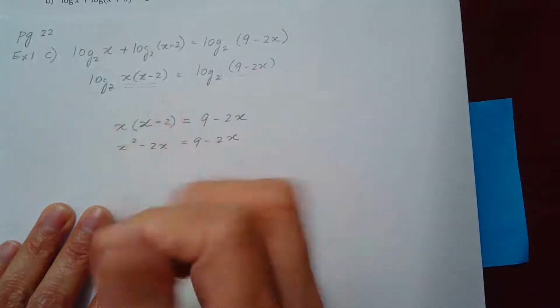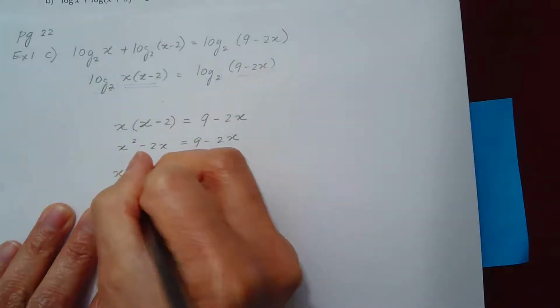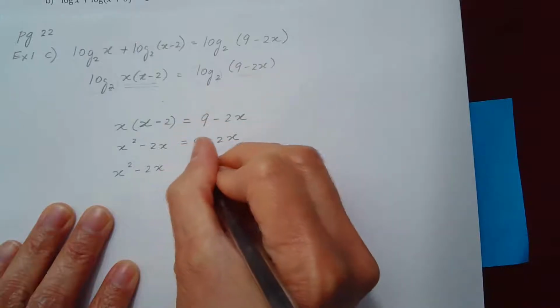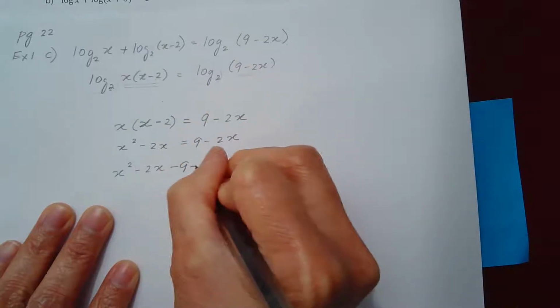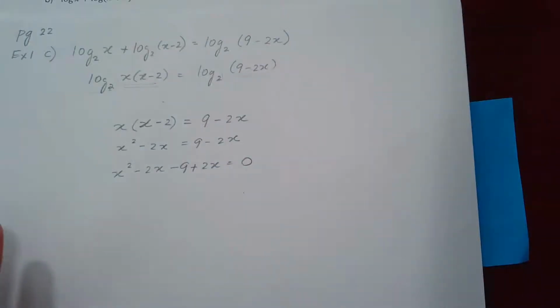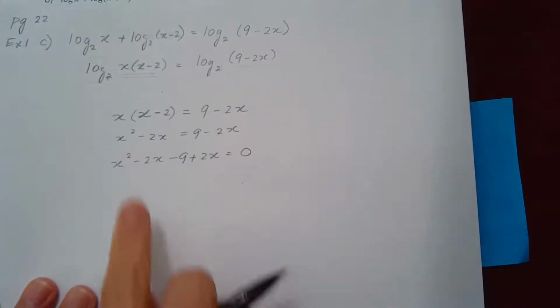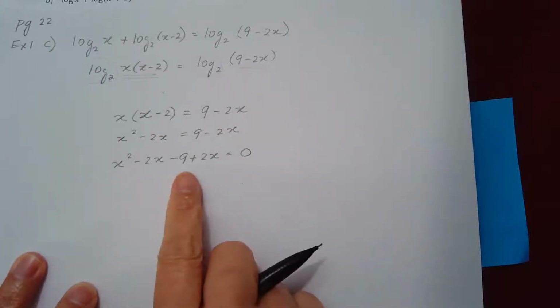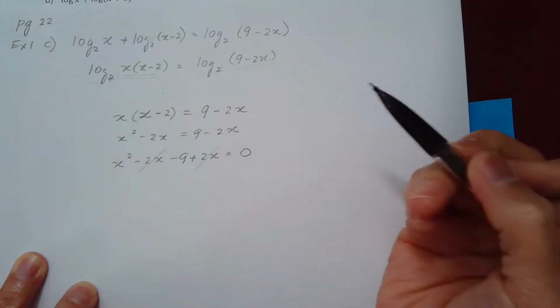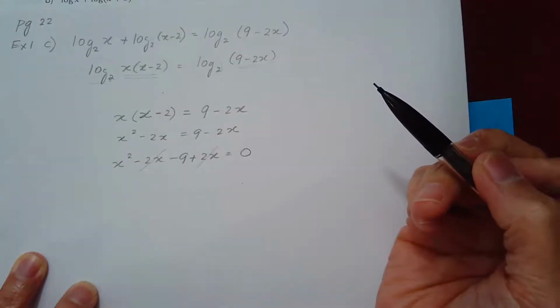This brings us over there. So that becomes x squared minus 2x. If I bring everything to one side, because I can see that I'm going to have a quadratic equation in here. So negative 2x and positive 2x cancel each other out.